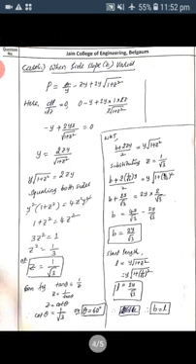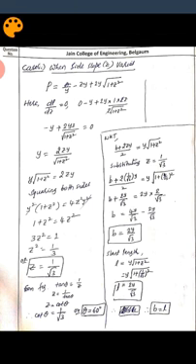Z equal to 1 by root 3. Then we get from the figure tan theta equal to 1 by z, z equal to 1 by tan theta, then z equal to cot theta. Cot theta equal to 1 by root 3. 1 by root 3 means theta equal to 60 degree.